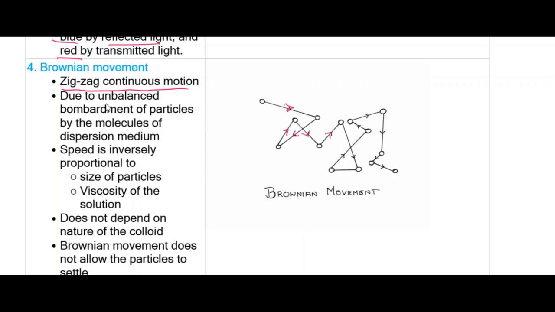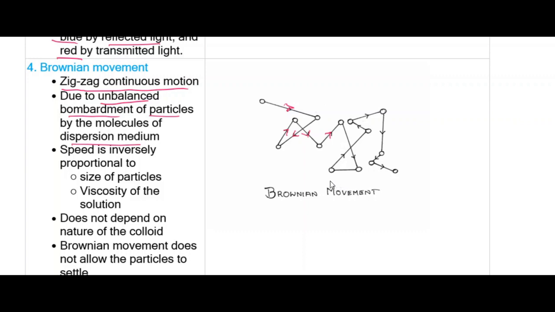This is due to the unbalanced bombardment of the particles by the molecules of the dispersion medium. Whenever the dispersed phase is there, there will be a dispersion medium also. These dispersed particles are present in the dispersion medium, so the medium will be surrounding each and every dispersed particle, is it not? So that will bombard the dispersed phase, and it is because of that the dispersed particles will be moving constantly.